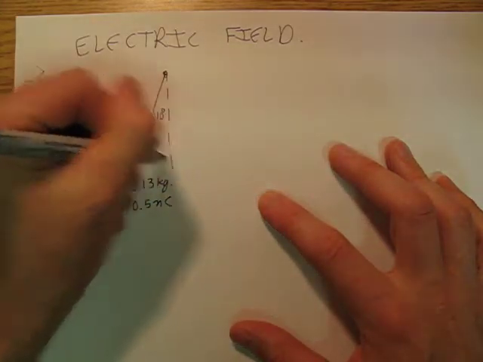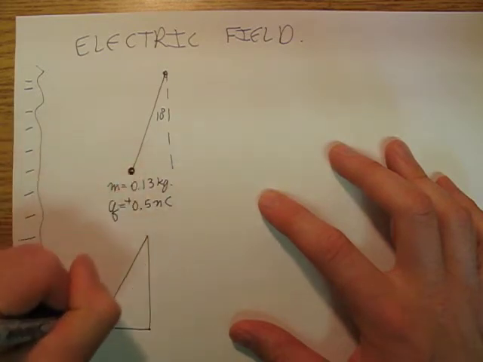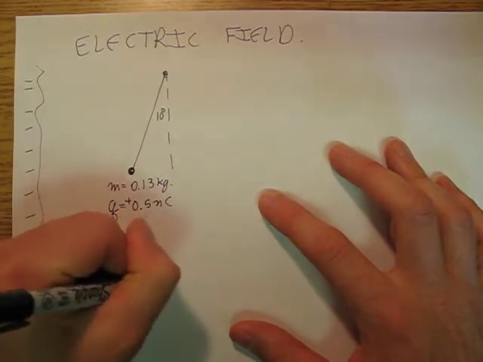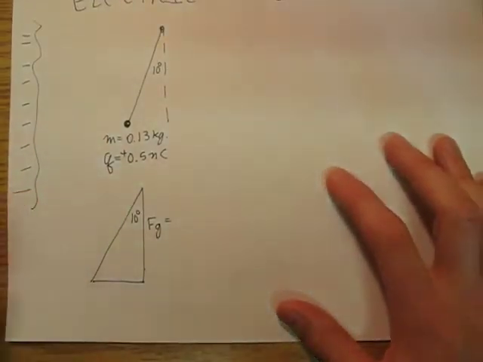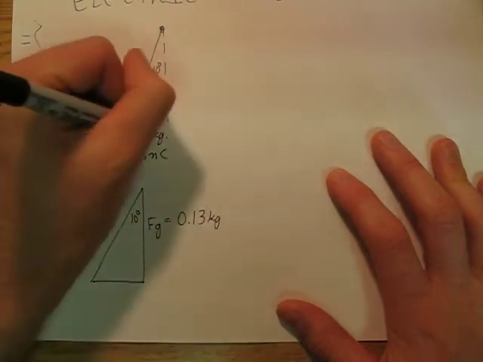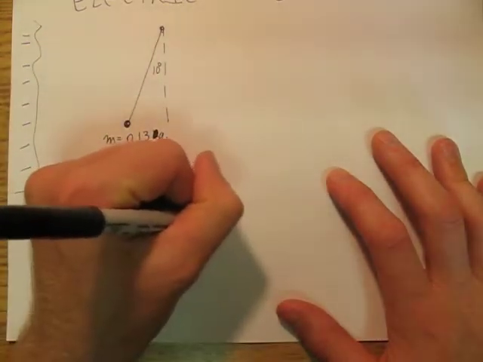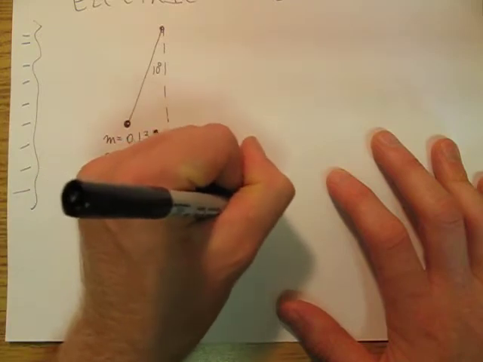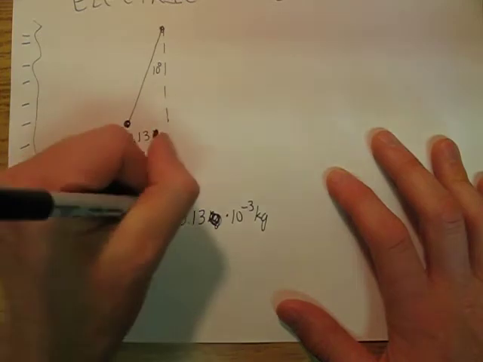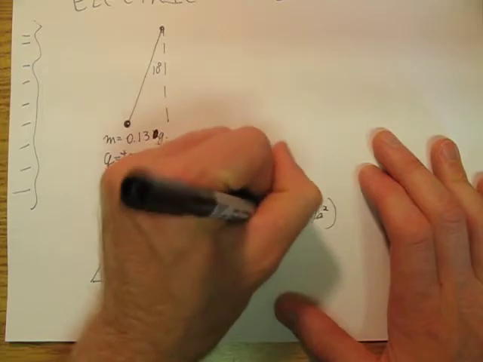Okay, well, if I look at the forces, I know that the force of gravity is going to be 0.13 kilograms. I'm sorry, that's grams. 0.13 kilograms would be really, really high. So I'll throw in a times 10 to the negative third to make it kilograms, times 9.81 meters per second squared.